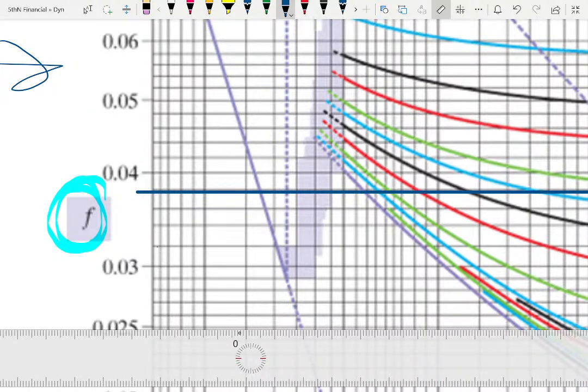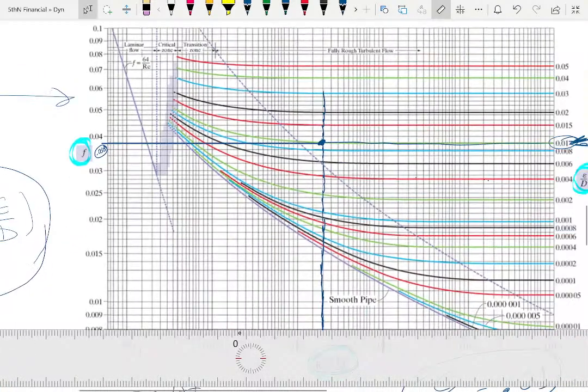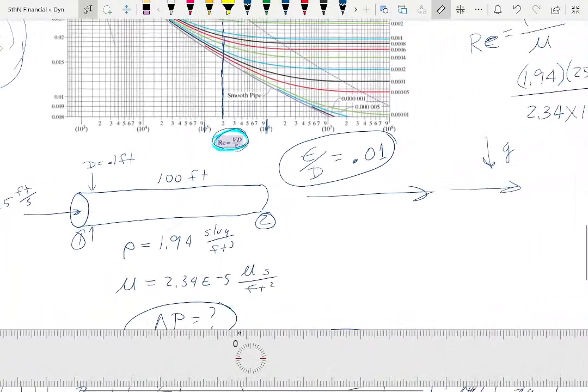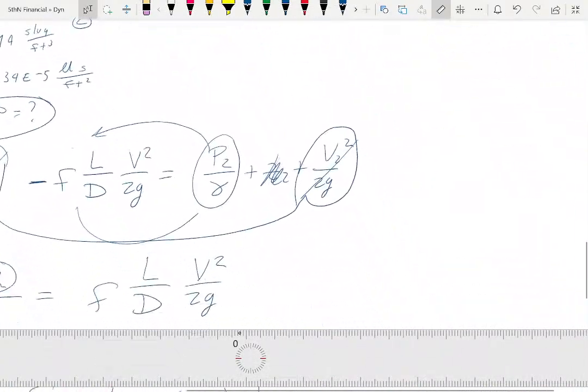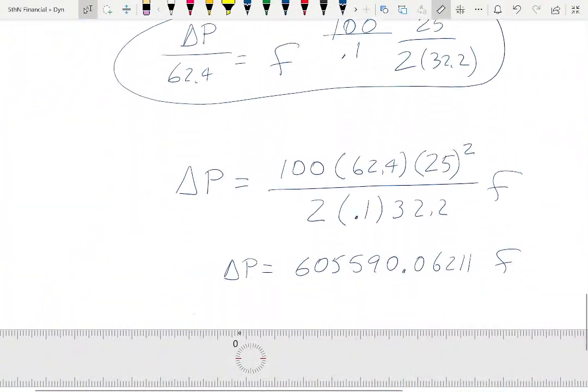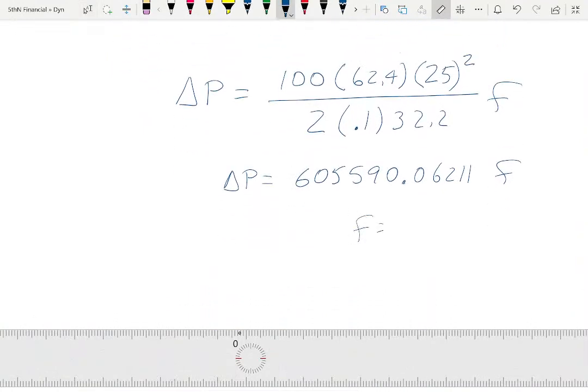Let's see, 2, 4, 6, 8, 10. So that would be 0.038. So I get a friction factor from that diagram: f is equal to 0.038.